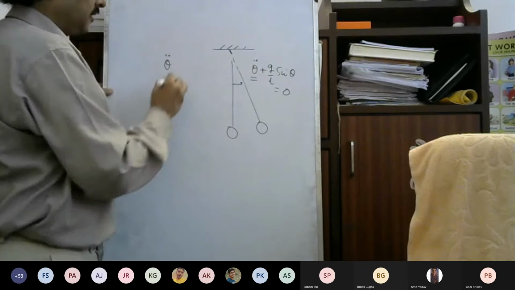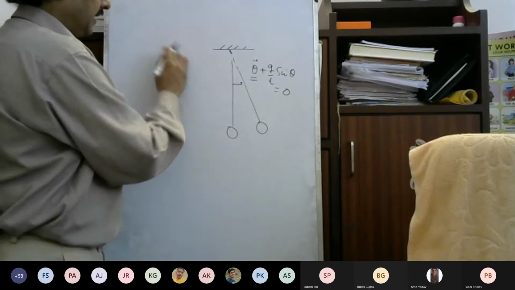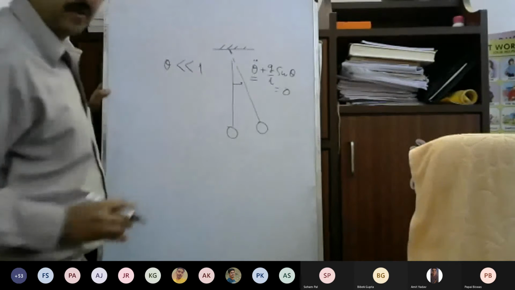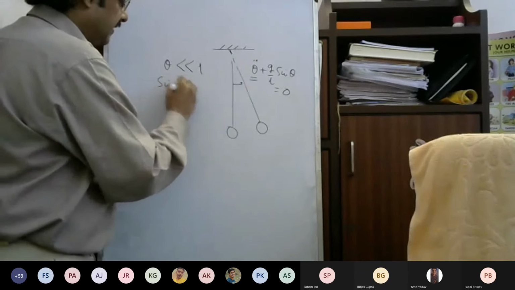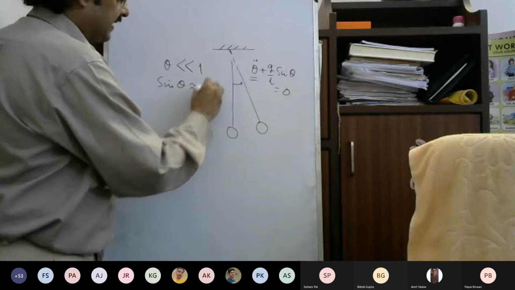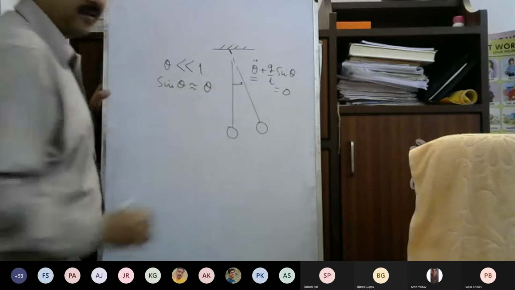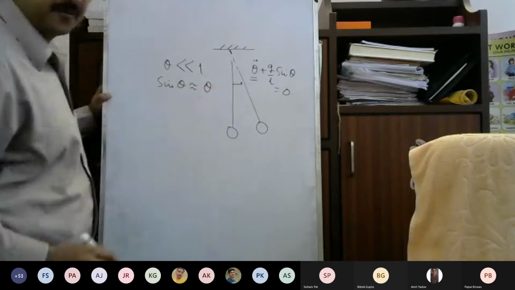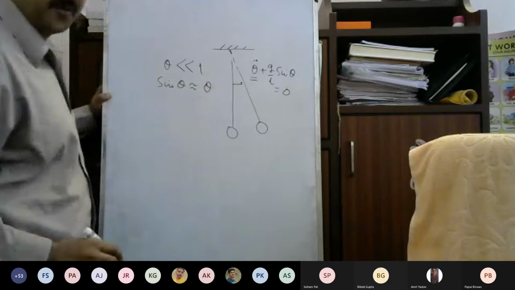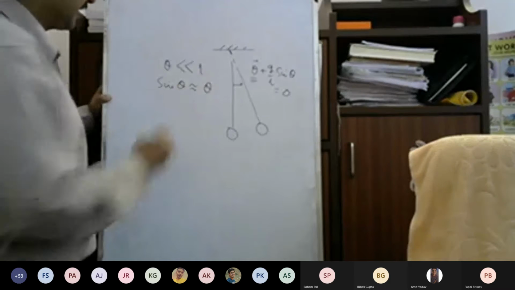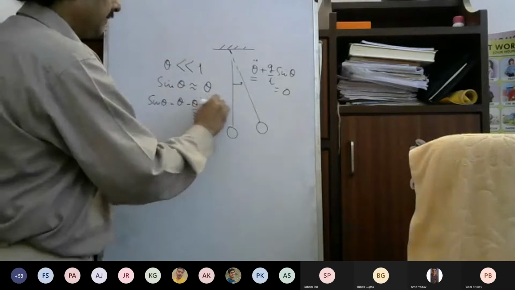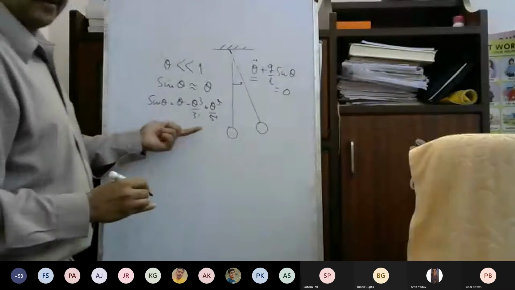So if you write down now at this stage, theta double dot plus g by L sine theta equals 0. Say theta I'll consider very small compared to 1, and then sine theta will be approximated as theta, because sine theta is theta minus theta cube by 3 factorial plus theta to the power 5 by 5 factorial and so on.